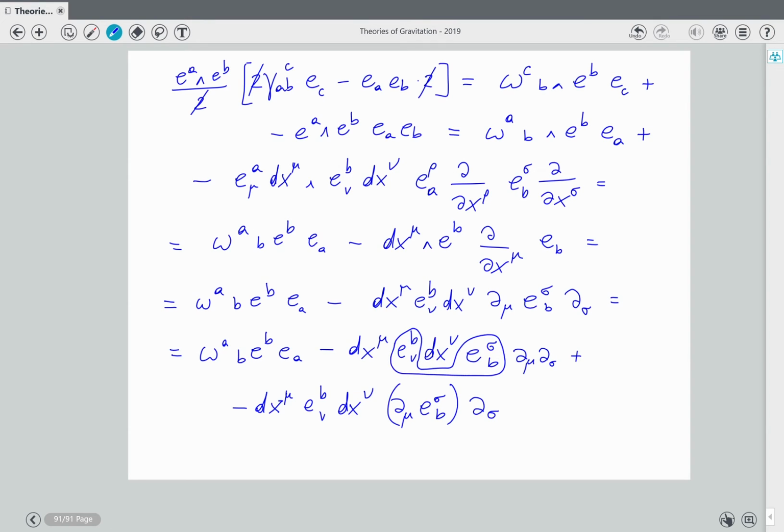There is a contraction here of B. So this is delta nu sigma. So basically you have d mu d sigma. Actually you have dx nu, partial mu, partial nu. But the wedge makes this anti-symmetric in mu and nu, and the other is symmetric. That goes.